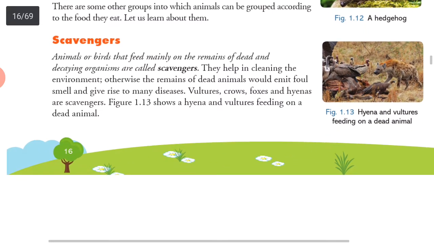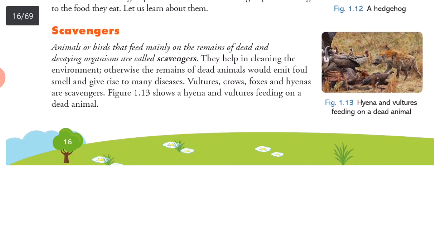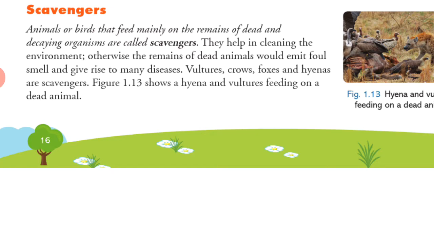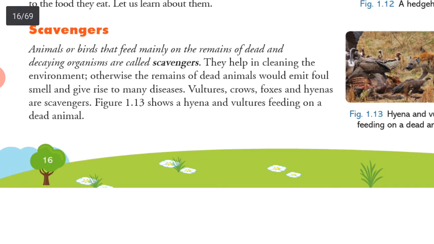Scavengers are animals or birds that feed mainly on the remains of dead and decaying organisms. They help in cleaning the environment. Otherwise, the remains of dead animals would emit foul smell and give rise to many diseases.